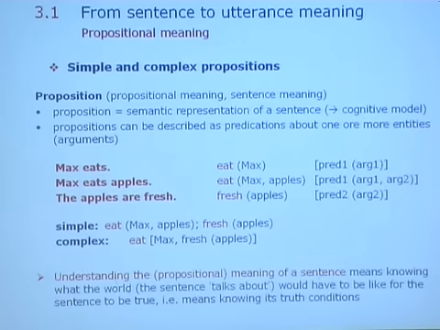Okay? That is, in this sense, understanding the propositional meaning of a sentence means knowing its truth conditions. So this is how truth comes in this model of sentence meaning, this propositional model of sentence meaning. Okay?